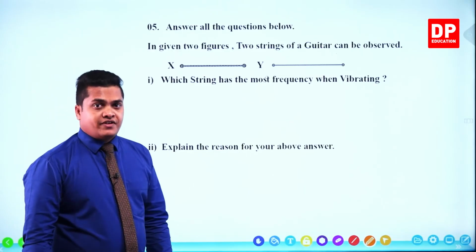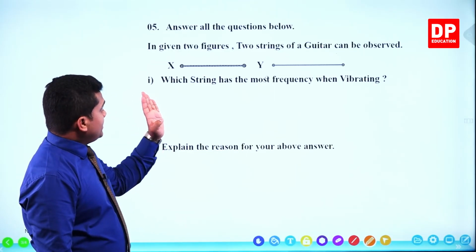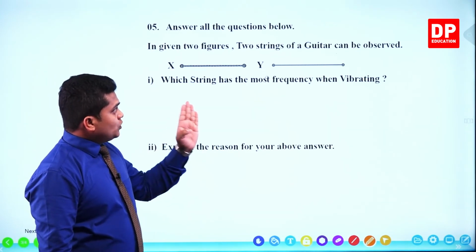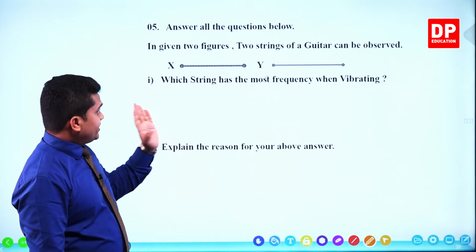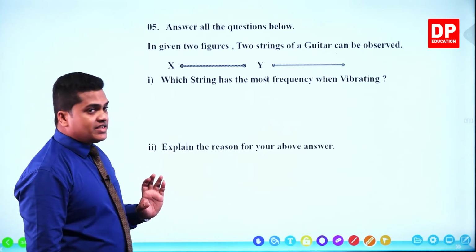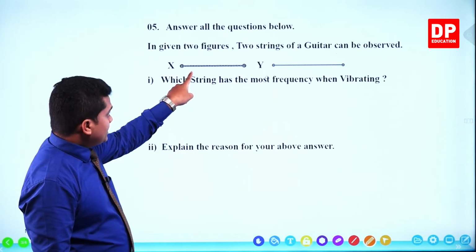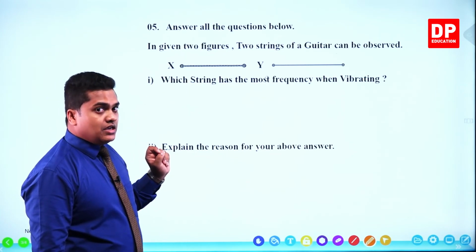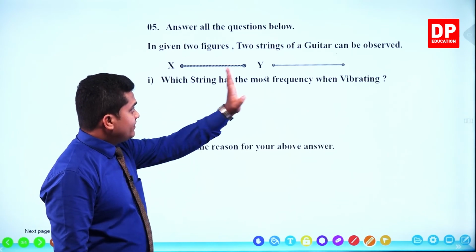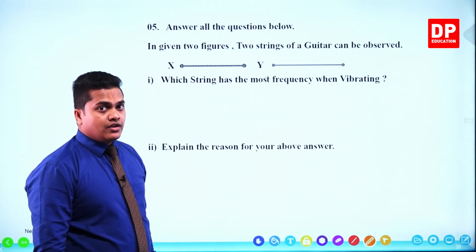So question number 5. In the given two figures, two strings of a guitar can be observed. You can see that the thickness of the X string is somewhat greater than the thickness of the Y string.